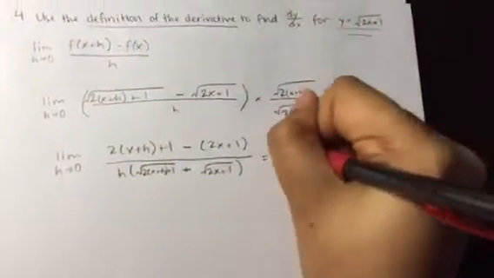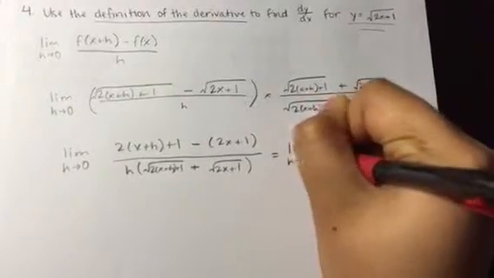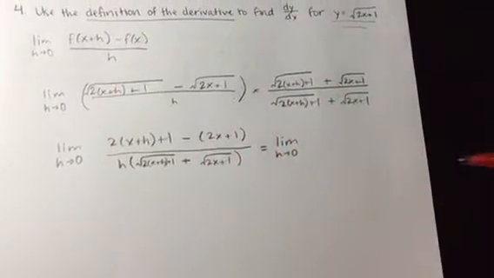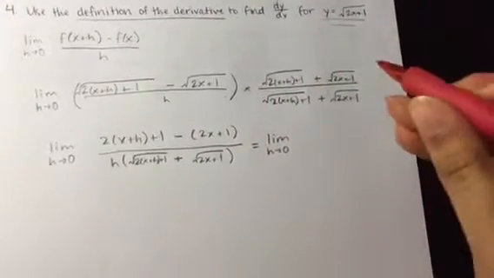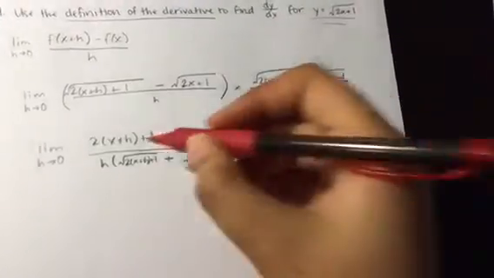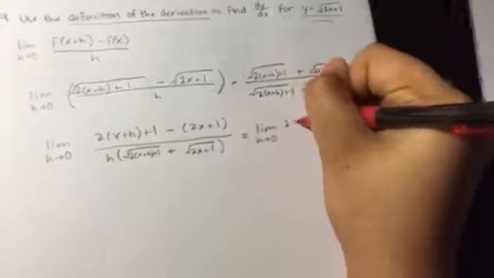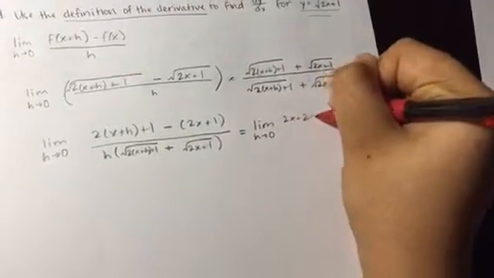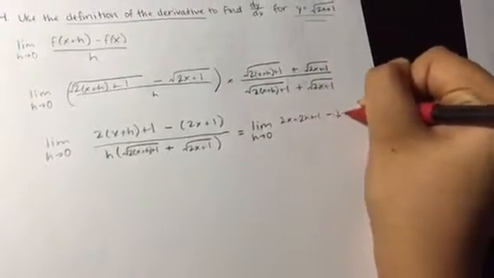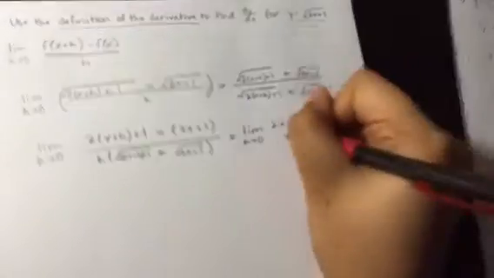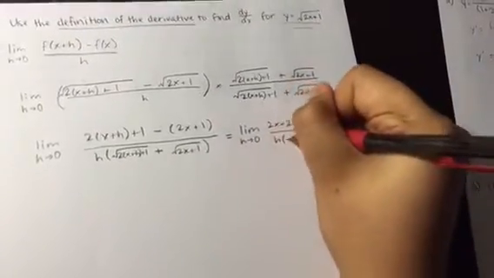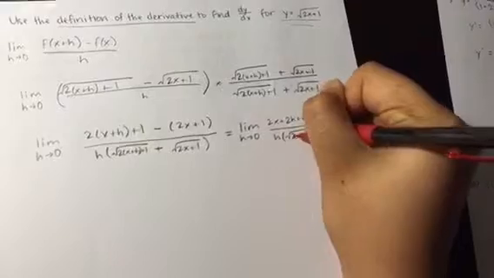This equals the limit as h approaches 0. Once you multiply the numerator out, this will give you 2x plus 2h plus 1, subtract 2x plus 1, all over h, the same denominator.